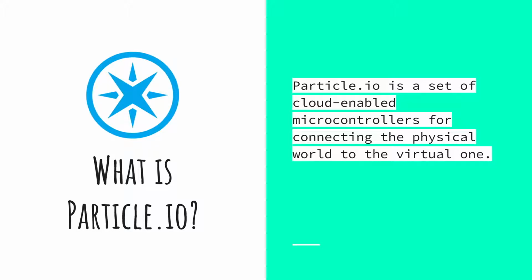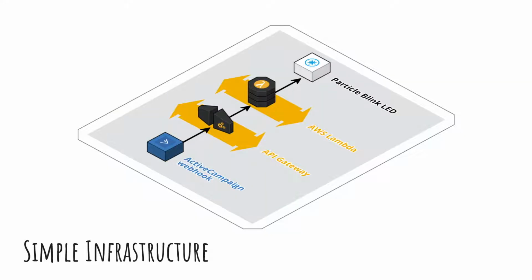So that's how we'll be able to actually route requests through our app to Particle. Basically our app will transform the payload into something that Particle needs, and we'll use that to flash the light and listen for the event in ActiveCampaign via webhook, and that's how we'll build it.